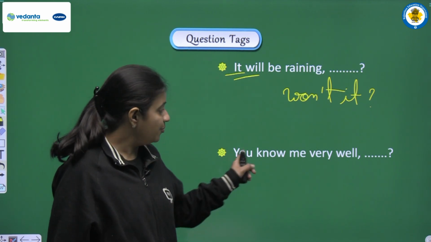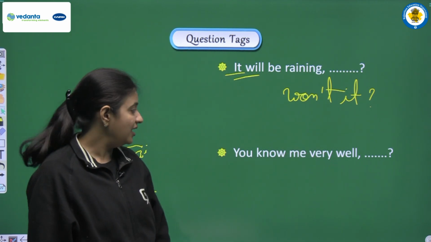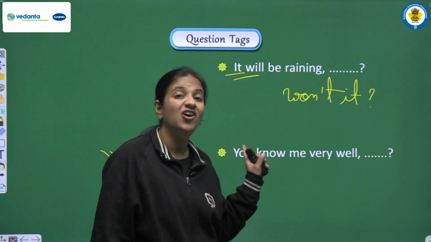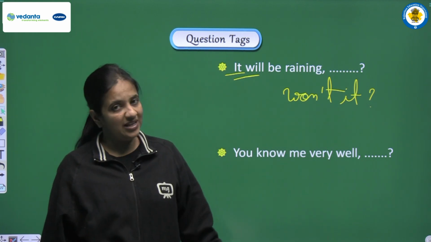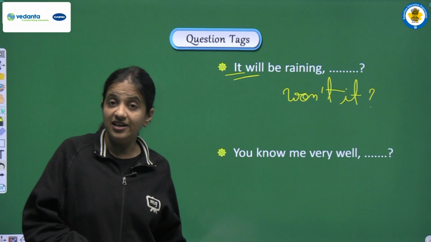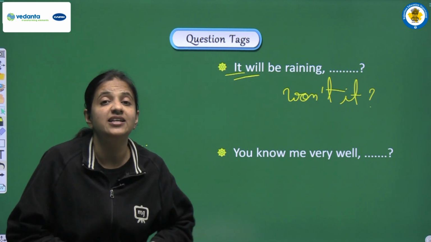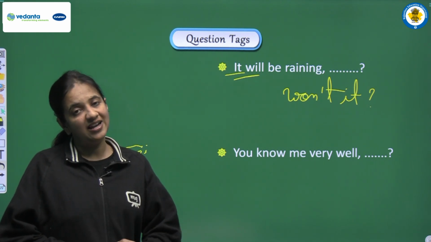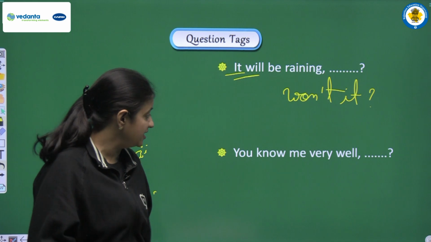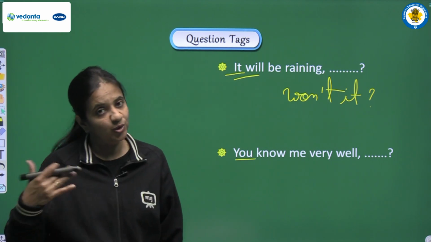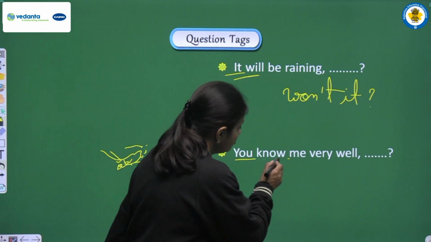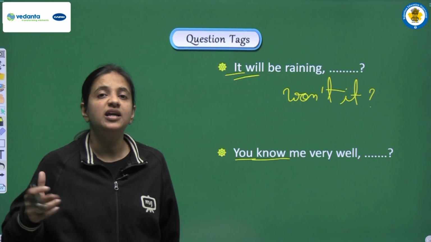So yes, it's a positive sentence, you know me very well, and we do not have any auxiliary in this sentence. It means the auxiliary is hidden here. So here we have to recognize the tense. Here we have to recognize the auxiliary word. So let's see, you is a plural subject. With a plural subject we have the first form of the main verb.